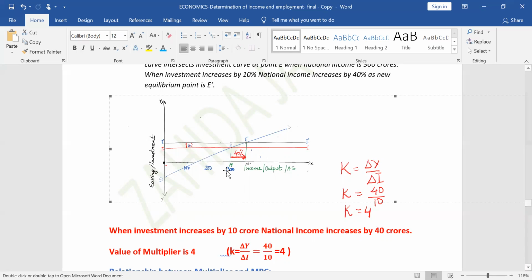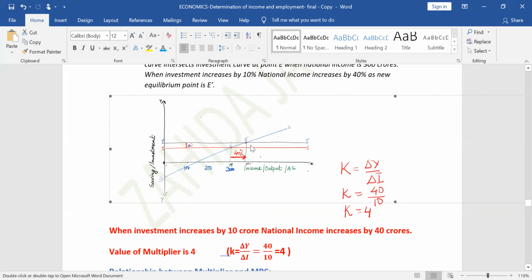Now suppose investment has increased by 10%. So the investment curve has shifted from II to I dash I dash. The new investment curve, I dash, intersects the saving curve at E dash.